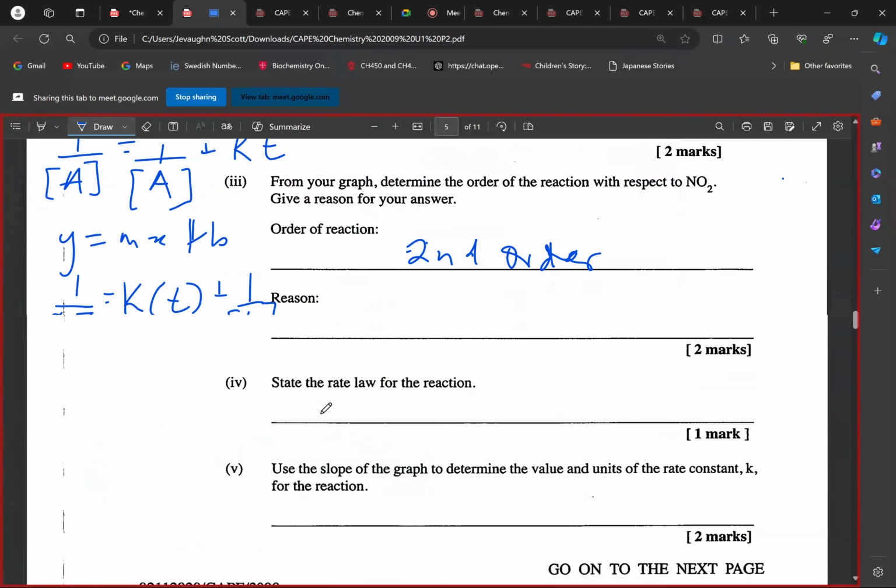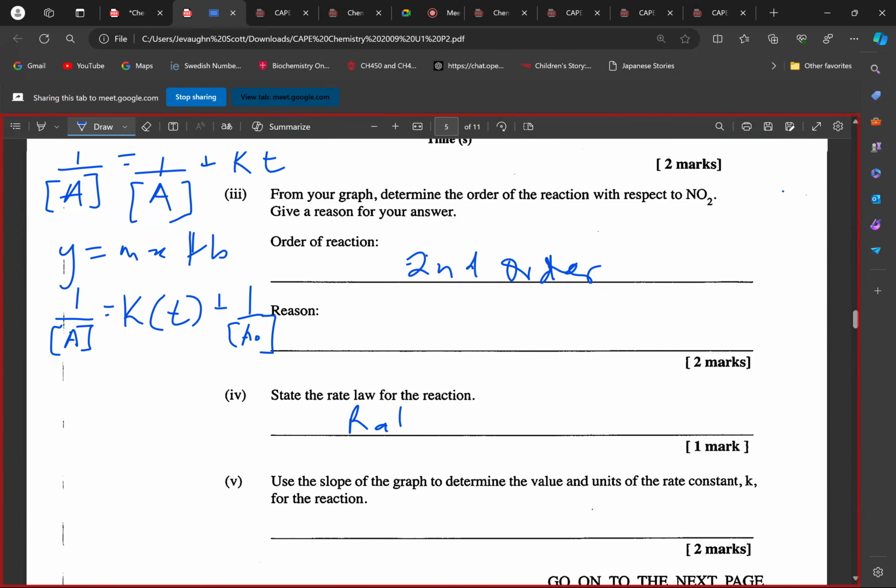Right, and if we state the rate law for the reaction, the overall rate law, the initial rate law that we have, the rate law is simply the rate for second order reactions. Wait, question, what is the rate law for second order reactions? You guys should be able to give me that really quick.